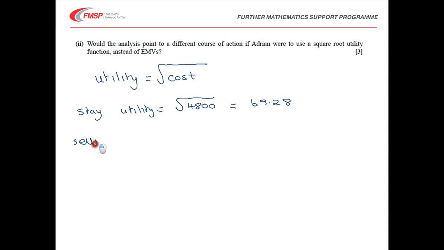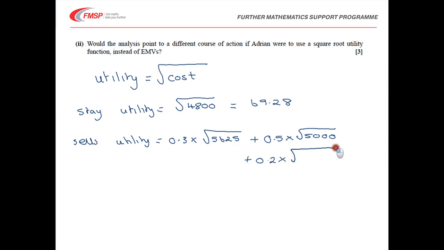And if he sells, then the utility is calculated by taking those probabilities that we had and multiplying them by the square root of the cost for each decision. So it's going to be 0.3 multiplied by root 5,625 plus 0.5 multiplied by the square root of 5,000 plus 0.2 multiplied by the square root of 4,375.